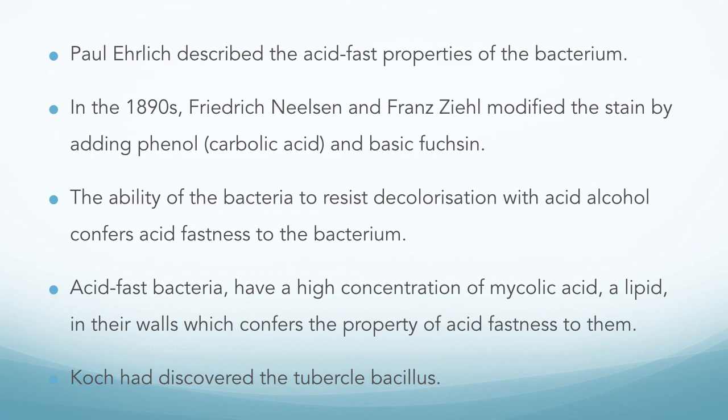The acid-fast bacteria have a very high concentration of mycolic acid, that is a lipid, in their cell walls. And because of the large concentration of the lipid, the property of acid fastness is conferred to the bacteria. The high amount of lipid, which is a waxy substance, prevents the entry of the stain into the bacterial cell, and thus the bacteria are not easily stained.